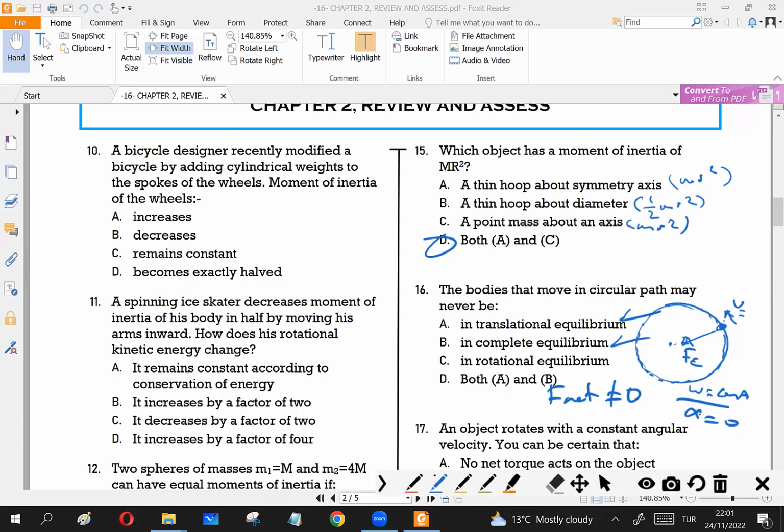There's always a force acting on an object to cause it to follow a circular path. So A and B are not possible, but C could be possible if you keep the object in the circular path with constant tangential speed, with constant angular speed.